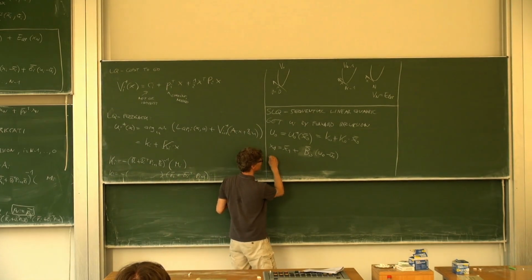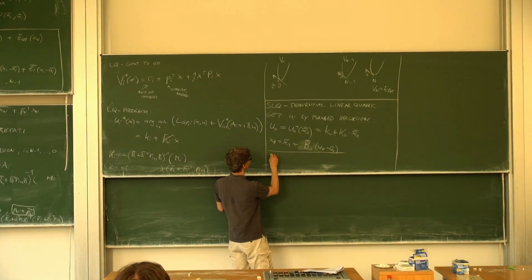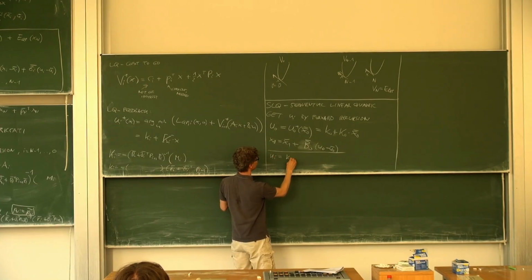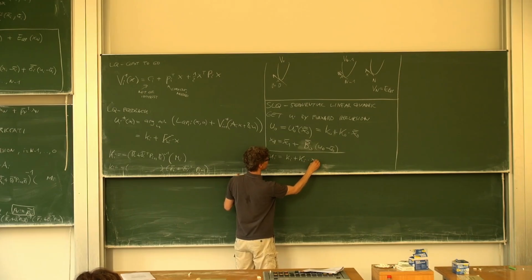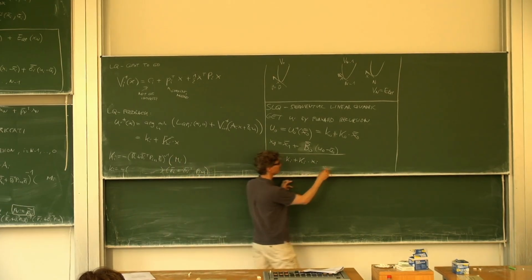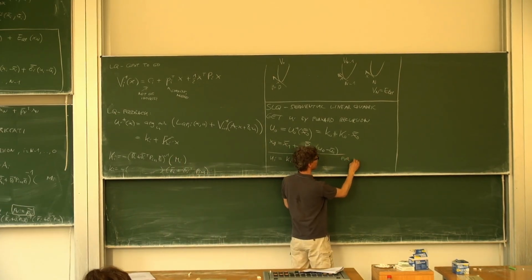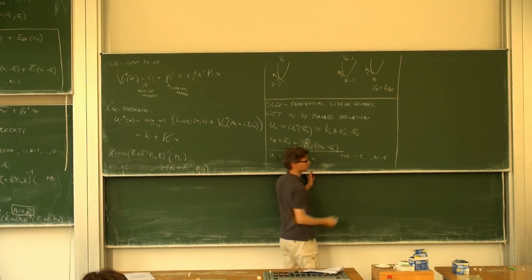And then from here on I go on, and this is why I said I should have written it directly. I always get u_i as k_i plus K_i times x_i, for i from 1 to n minus 1.